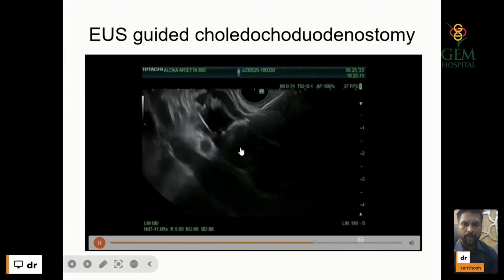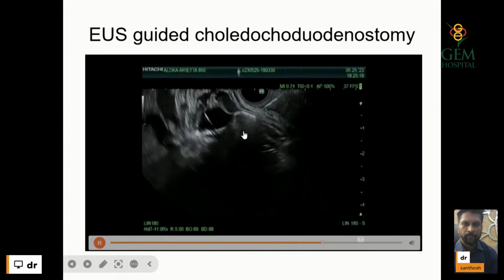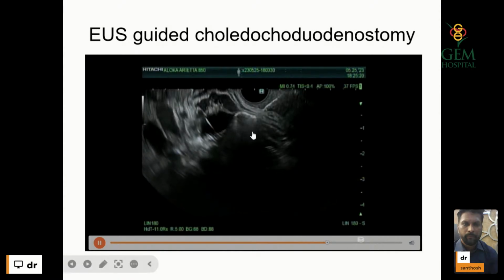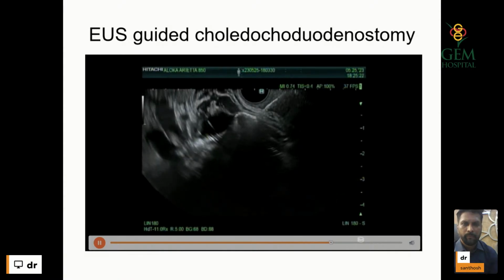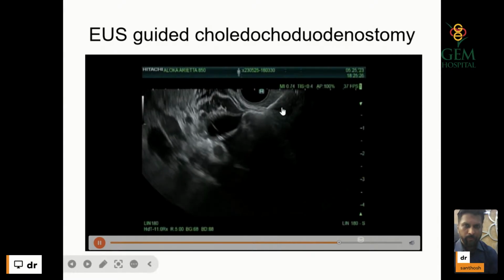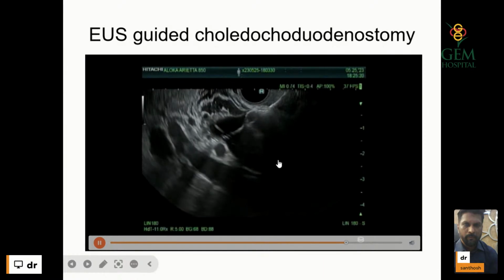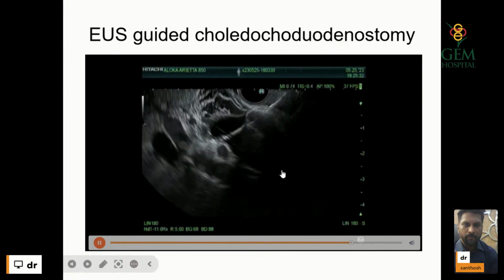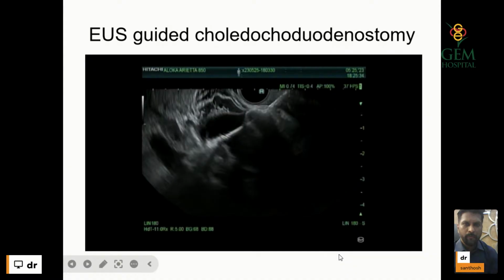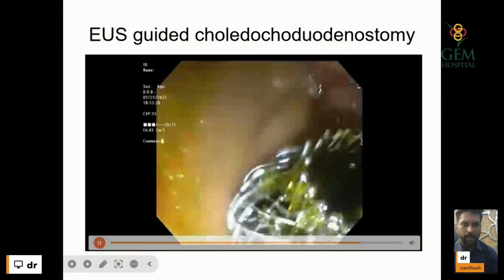This is a distal flange. Followed by deployment of the proximal flange. So this is a proximal flange in the duodenum.